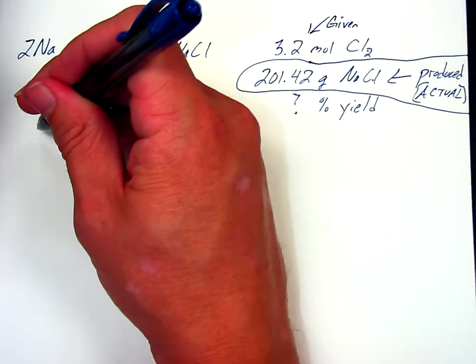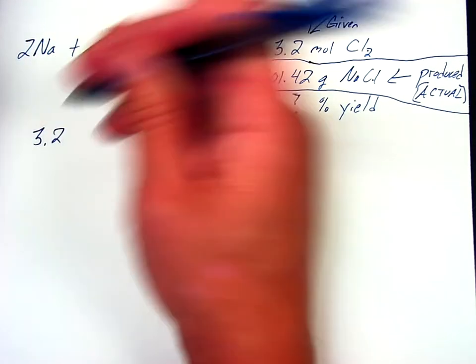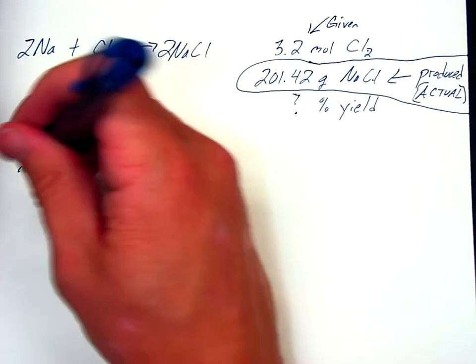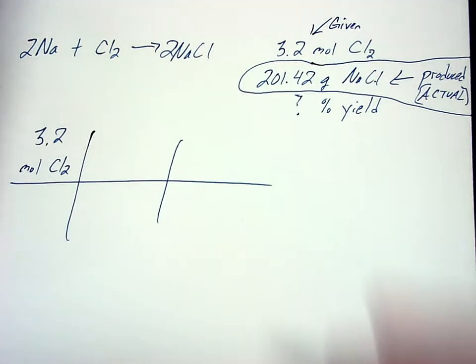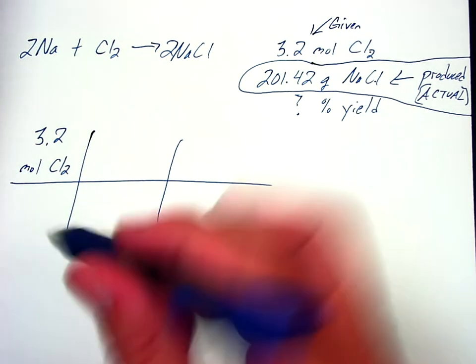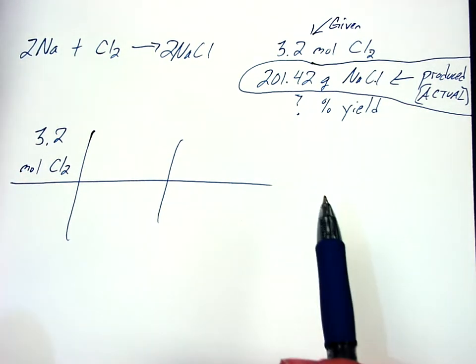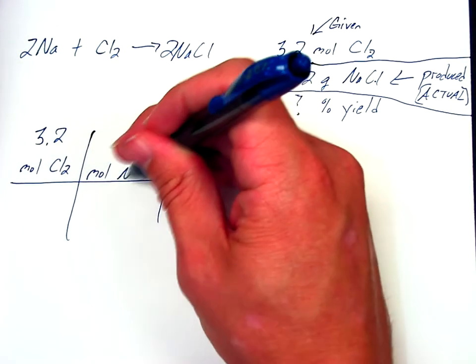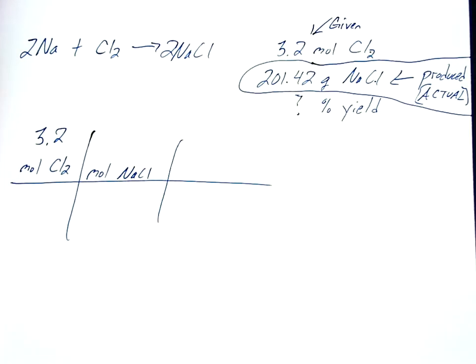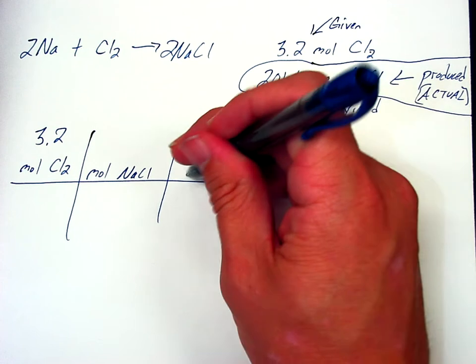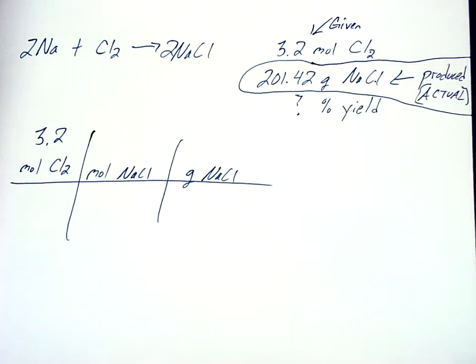So I can take my 3.2 moles of Cl2 and let's find out how many grams of NaCl we should have made. So I already have moles of given, which is great news. I can go directly from moles of given to moles of unknown, but the scientist reported it in grams, so I then need to go to grams of unknown so I can do a direct comparison.